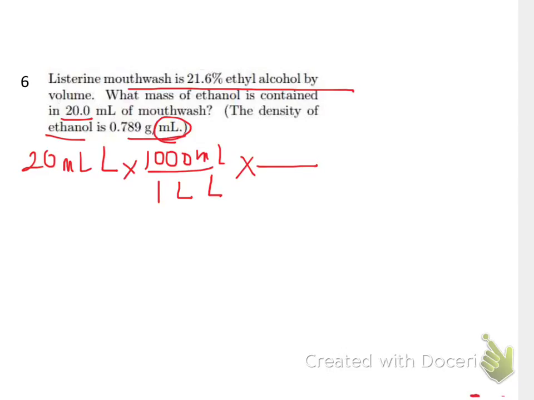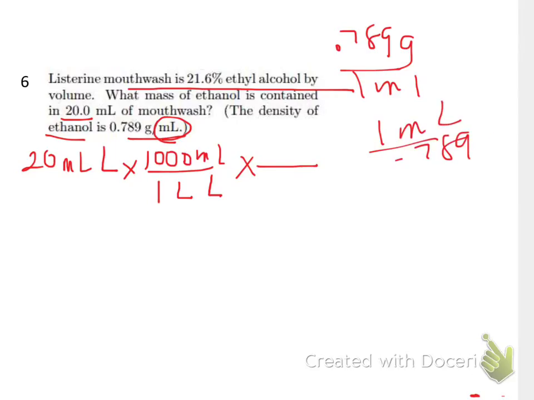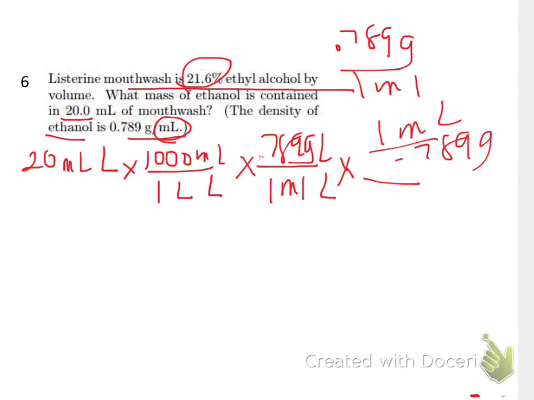I can either say 0.789 grams over 1 milliliter or 1 milliliter over 0.789 grams. And because I want my units to cancel, I'm going to say 1 milliliter of Listerine is 0.789 grams of Listerine.